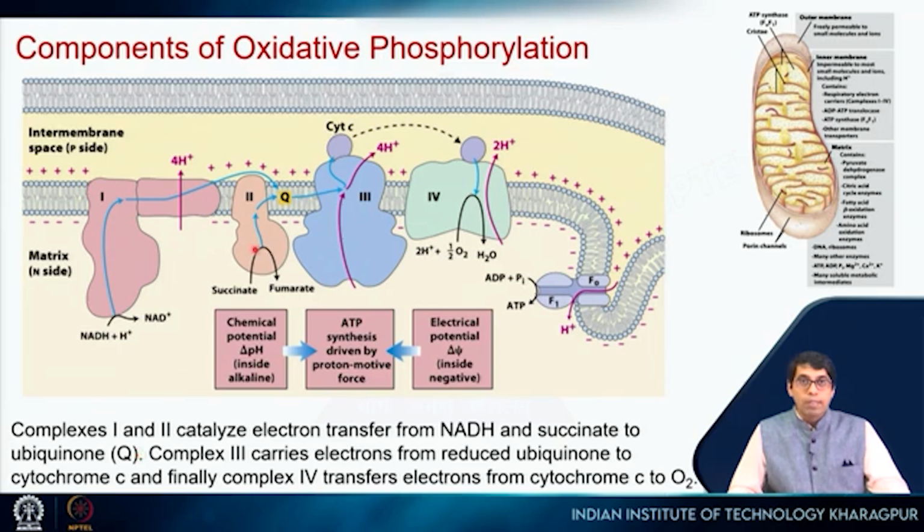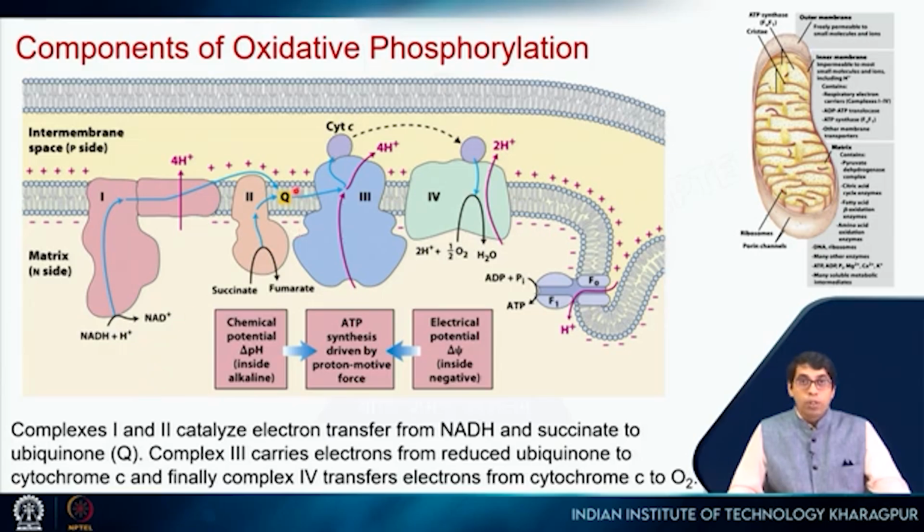Complex 2 is succinate dehydrogenase, the same enzyme that we saw in the citric acid cycle. It is a membrane bound enzyme. When it oxidizes succinate to fumarate, the electrons are transferred ultimately to ubiquinone. So ubiquinone will become ubiquinol.